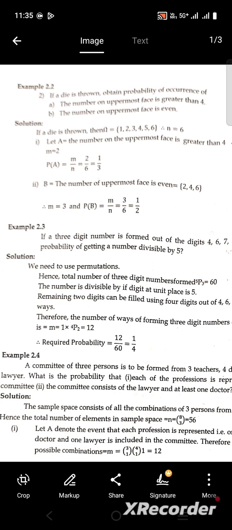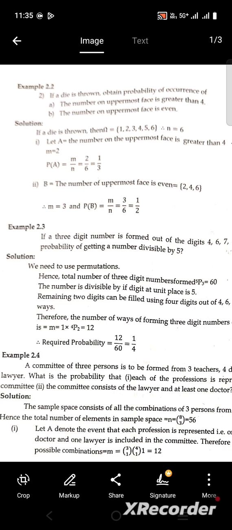First we find the total sample space. If a die is thrown, the sample space is 1, 2, 3, 4, 5, 6, so the total number of sample points is n = 6.